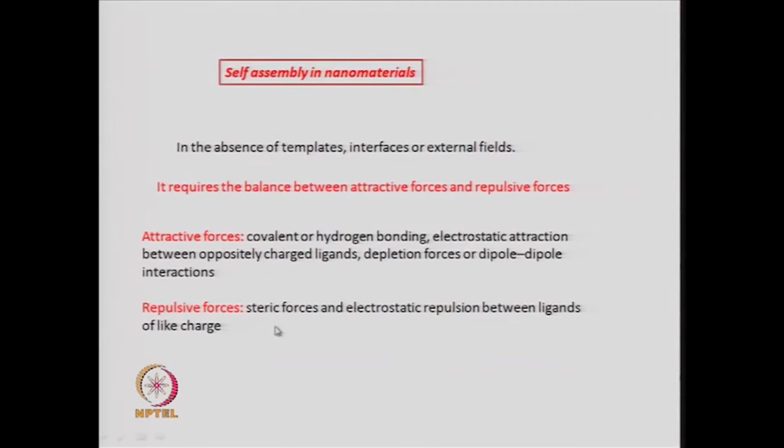So, two types of repulsive forces, the steric forces and the electrostatic repulsion of like charges, will balance one or more of these attractive forces, and you will get a resultant structure at a distance which is optimized such that the attractive forces and the repulsive forces are balanced.